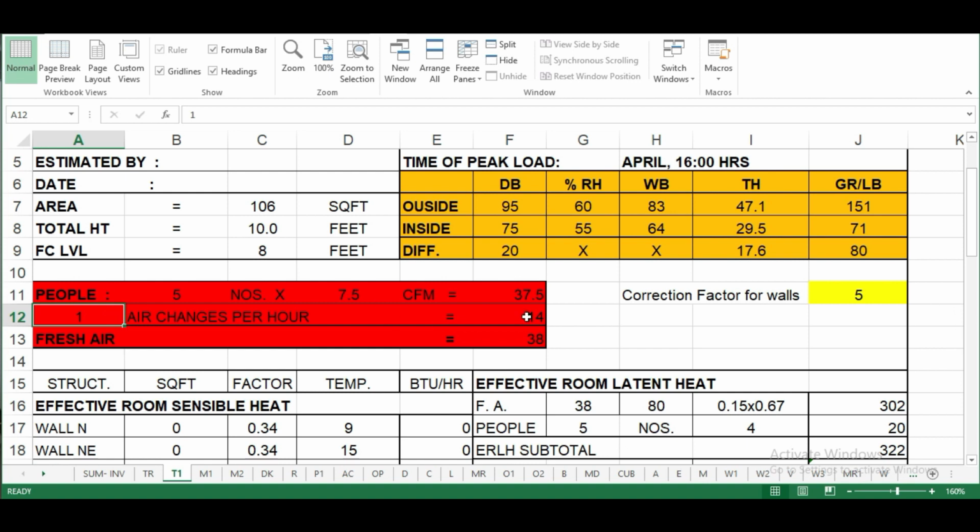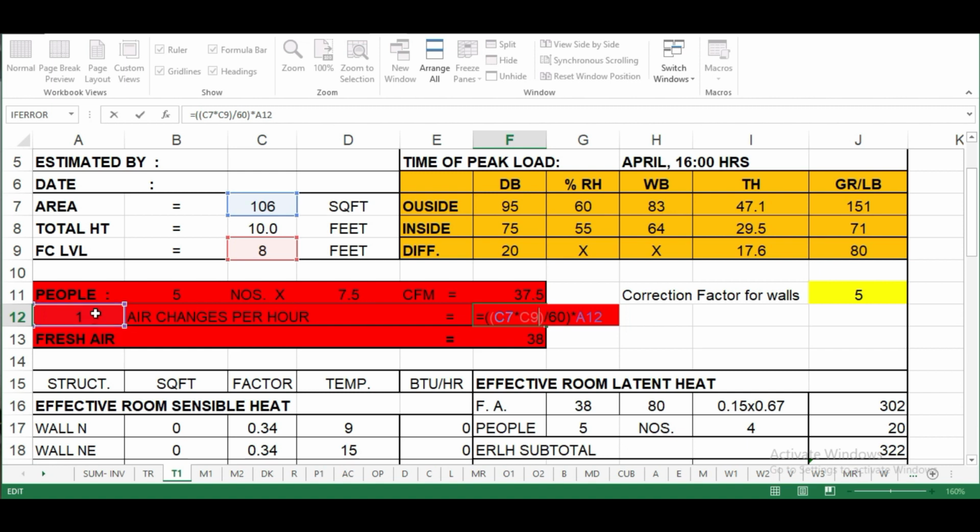In this formula, you may see C7 multiplied by C9. This is C7 and this is C9. That is the area multiplied by the false ceiling level, divided by 60, multiplied by 8 to 12, that is the air changes per hour. This is basically the formula.